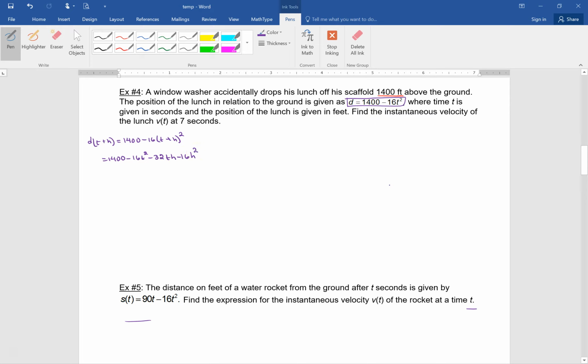I squared and distributed the negative 16 all in one step. Okay? Now, the instantaneous velocity at any given time is going to be given by d of t plus h minus d of t over h. Ooh, and this is the limit as h approaches 0.